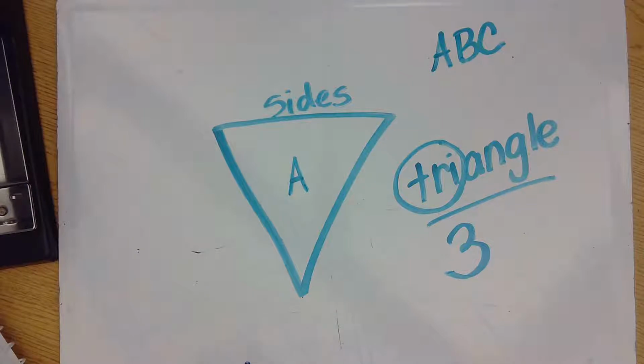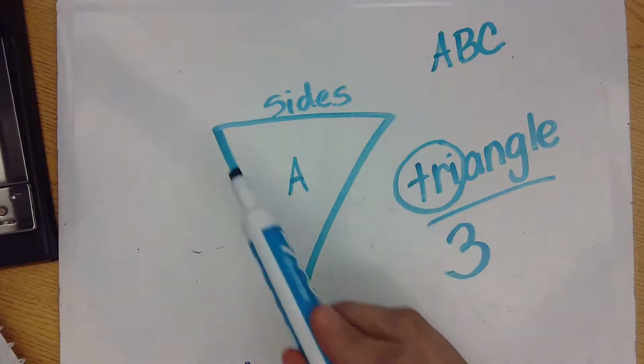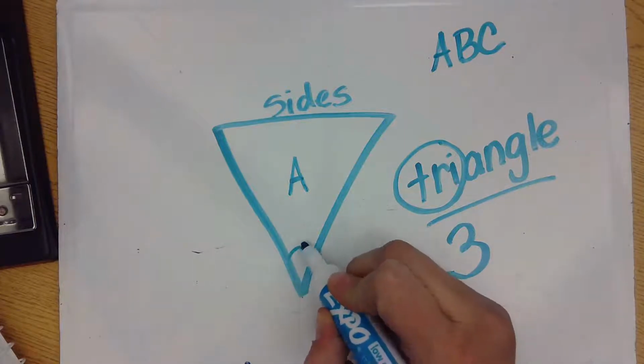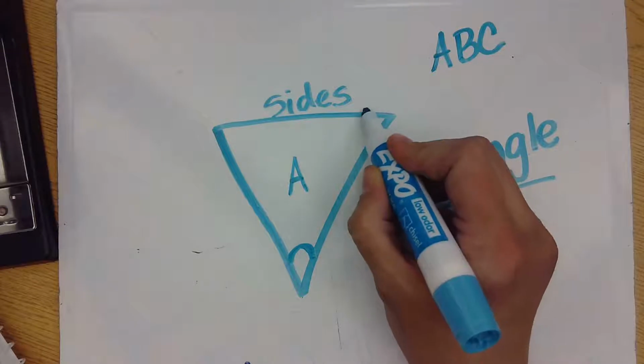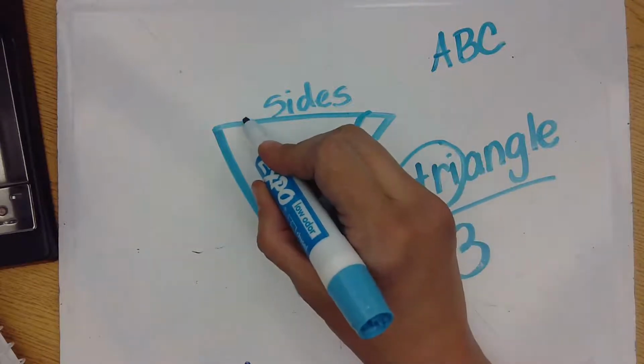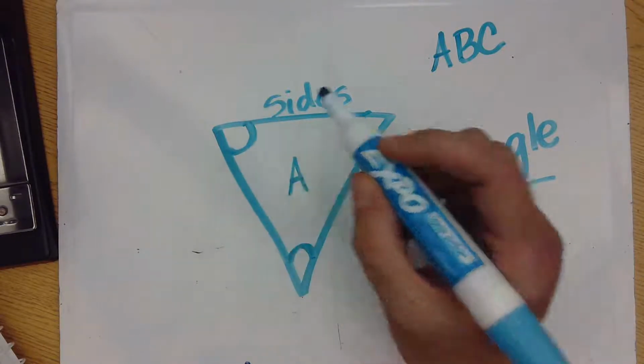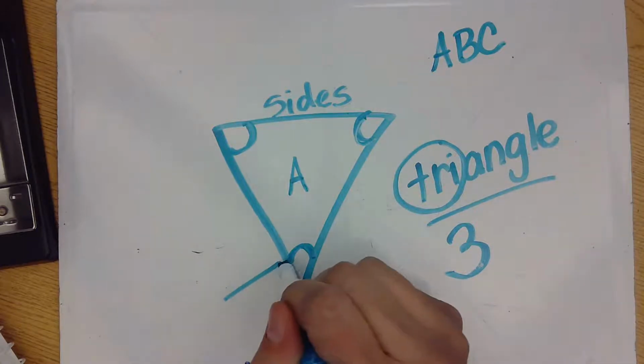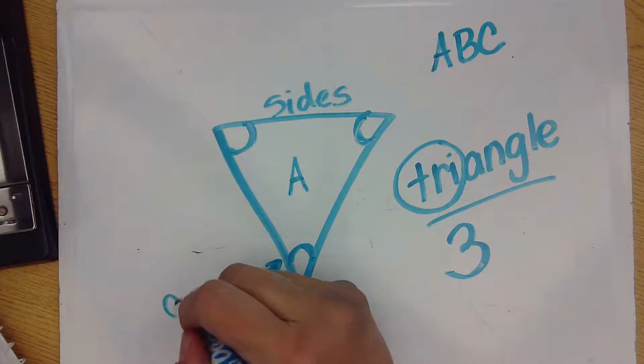Well, a triangle also has three different corners, and each corner has a couple of specific names. So the inside part of a corner, the part that I am drawing right now, the inside part is called an angle. So let me go ahead and write that down.